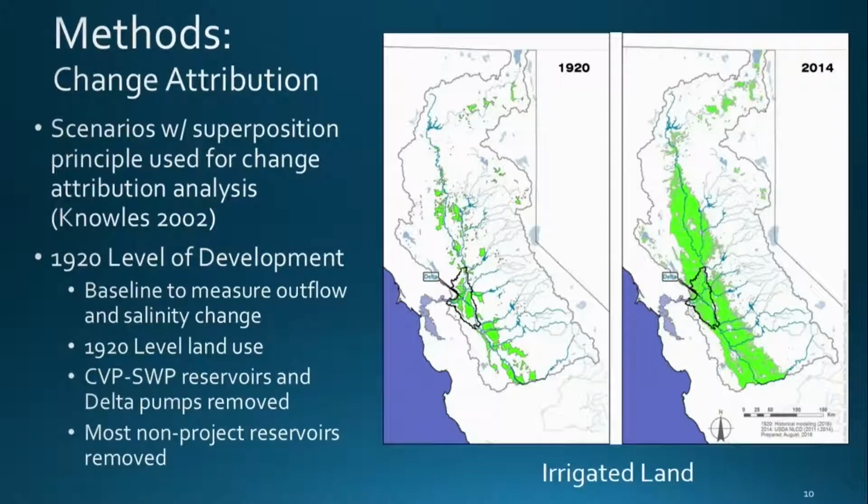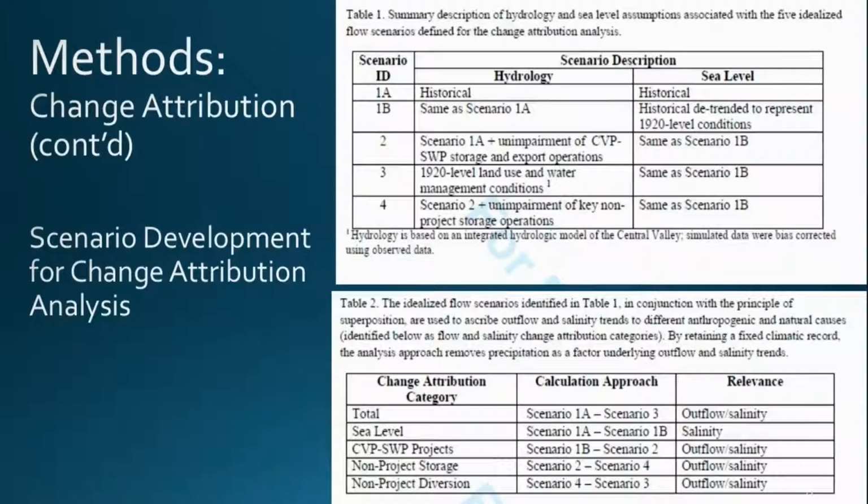And just what I'll say is when we develop these scenarios, we use the 1920 level as a baseline for change. And then to develop the 1920 scenario, we removed or unimpaired the project operations and some of the reservoir operations from the larger non-project reservoirs. I'm going to have to move along here.